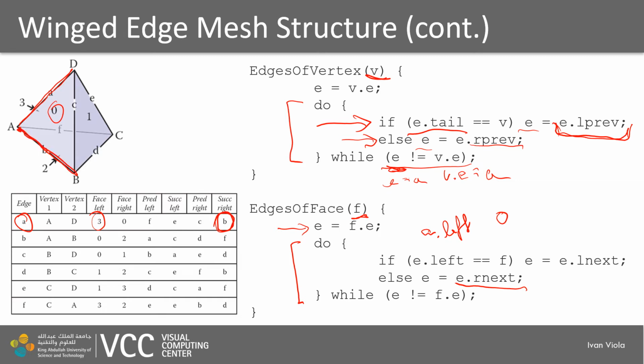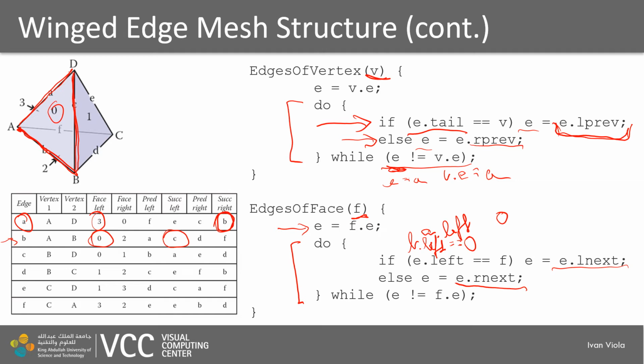This is the case. And now we make one more loop for B. If B dot left is equal to 0, yes, this condition is fulfilled, then the next edge is L next. So that will be the edge C here, which we see is correctly determined.